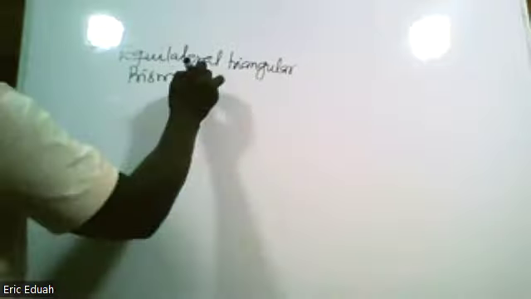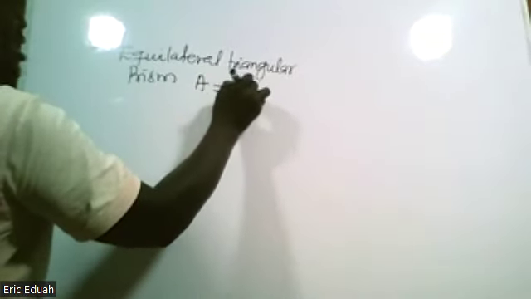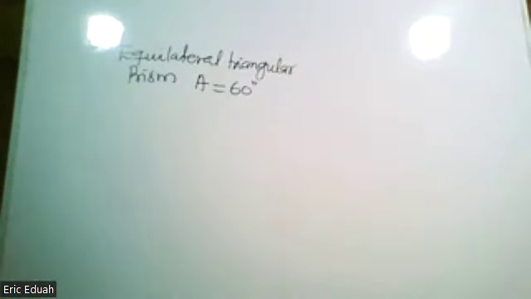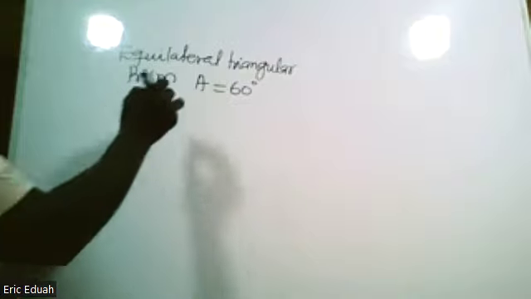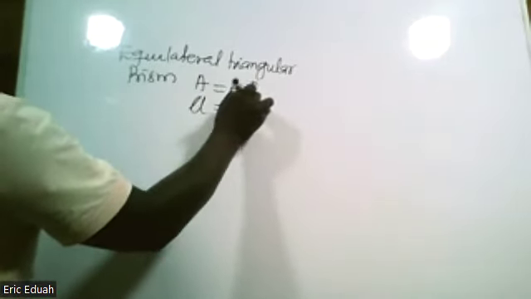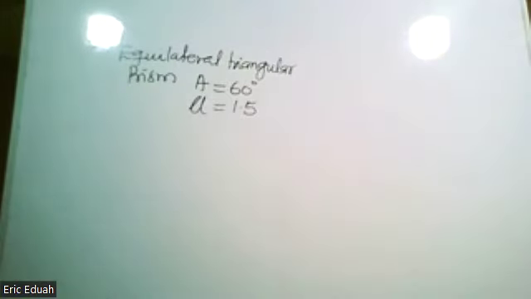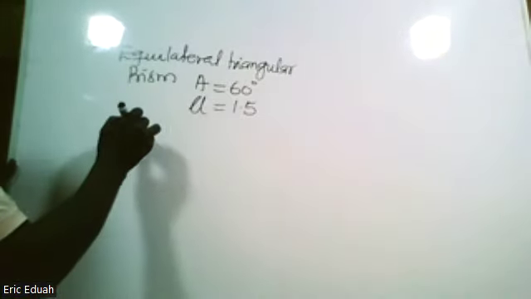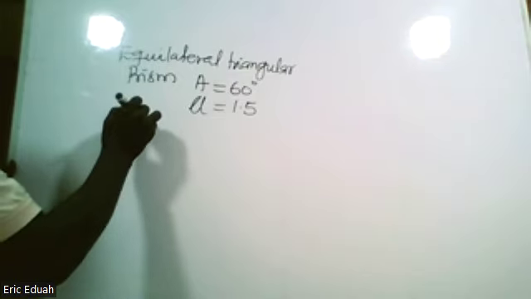So straight away A is equal to 60. Calculate the angle of incidence of the ray when the refractive index of the glass is 1.5. So the refractive index is 1.5, and we are to calculate the angle of incidence.